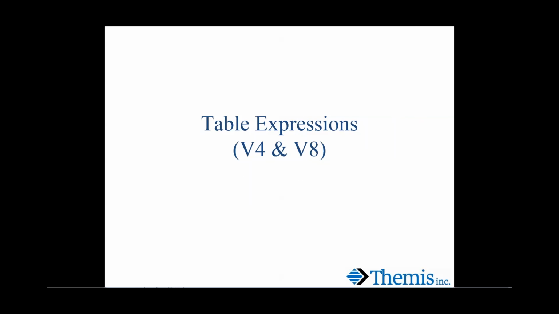Version 4 gave us the original nested table expressions, and version 8 gave you common table expressions, which is where the focus of the presentation is going to be today, because those are the newer kinds, and the kinds that I find are not as widely understood as the older kind. So we'll take a look at table expressions.